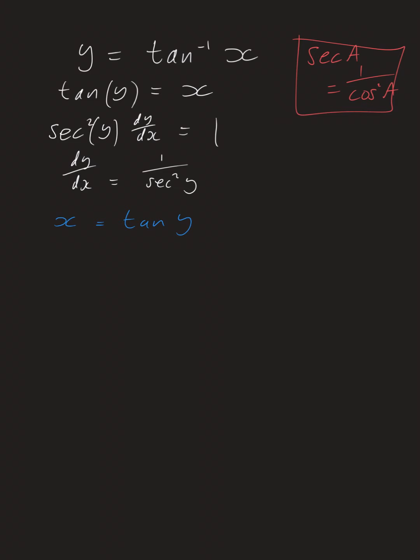So x is tan y, x squared is tan of y squared. 1 plus x squared is 1 plus tan squared of y. So 1 plus x squared is equal to secant squared of y. Now that's why I left my secant in there, because there is this trig identity that secant squared is just 1 plus tan squared of y.